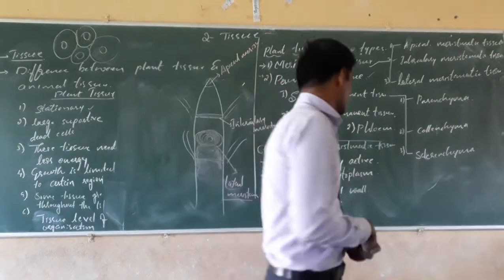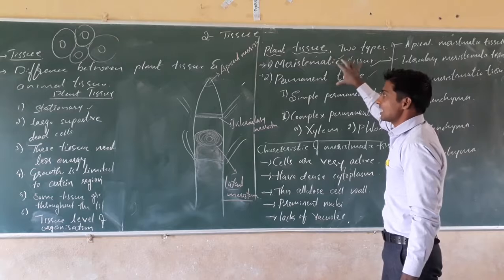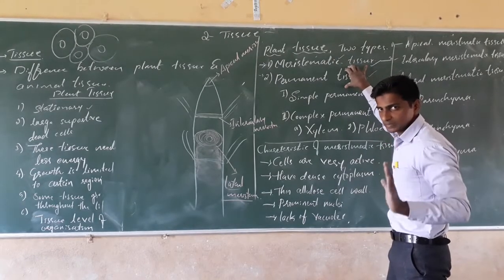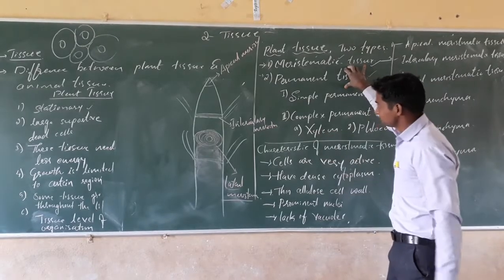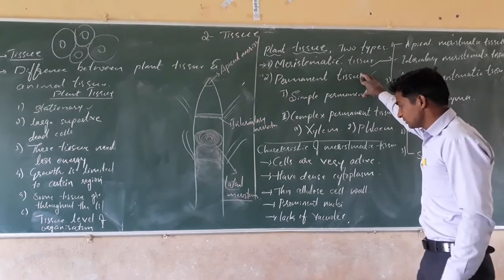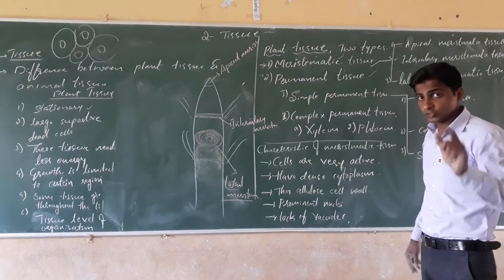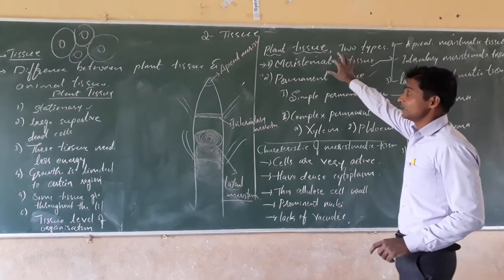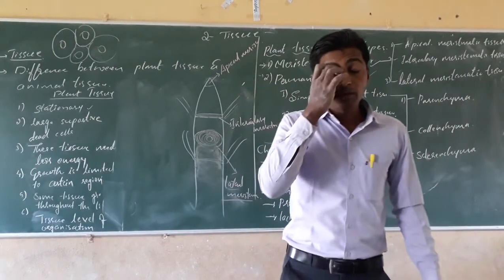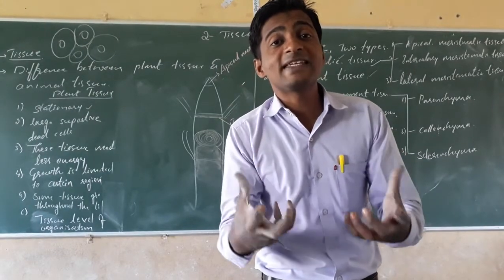The characters of permanent tissue are that the cells are non-active and most of the cells are dead, as we have studied. They have a cellulose cell wall that is thick. Why? In meristematic tissue, if the cell wall is thin, cell division occurs very easily.